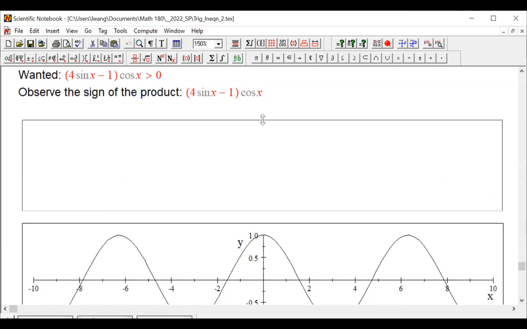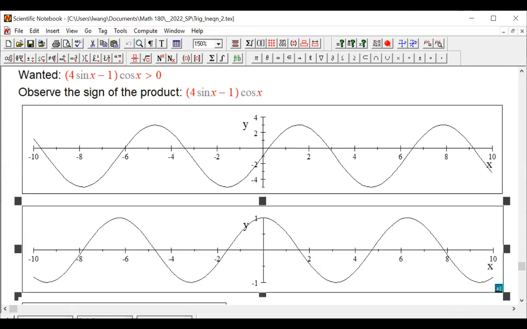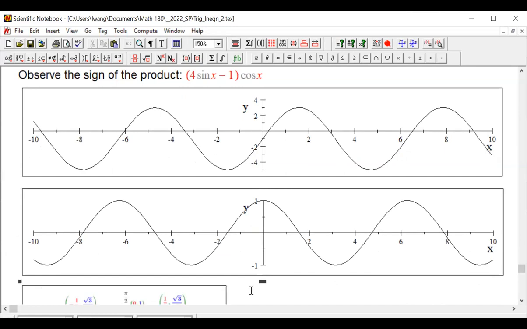Okay, so now I'm going to make the picture just a little more manageable so you can see both pictures at the same time. We're observing the product. Sign change, right? We have identified these points. Take some simple part, for example. This is theta, right? And there's a pi minus theta, right?